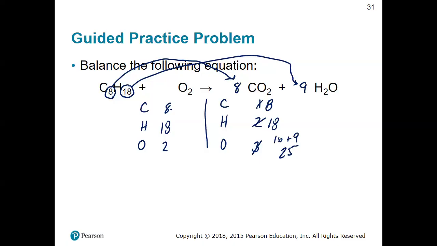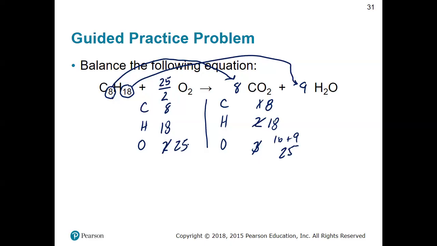Now, the answer that I tell my Chem 105 students is we cheat. I put a fraction in here, 25 over 2. And since 25 over 2 times 2 is 25, I've got me a balanced chemical equation. As you might guess, this particular approach is a little bit problematic.